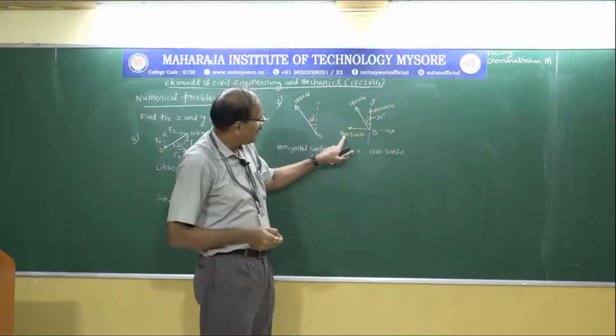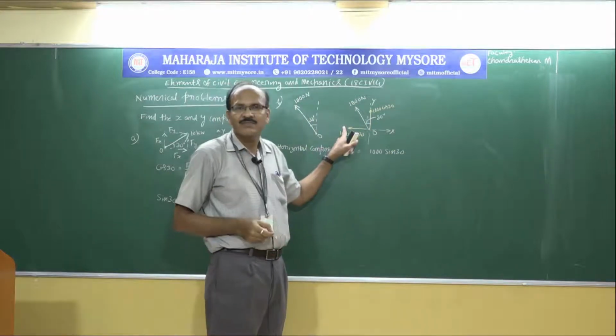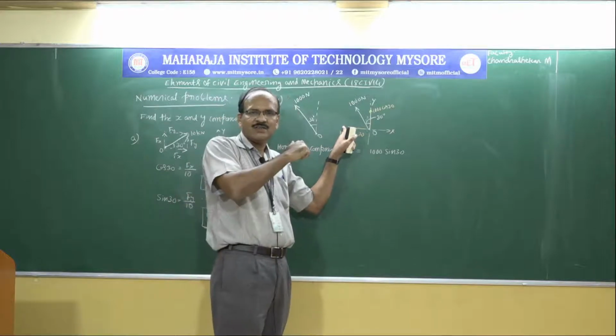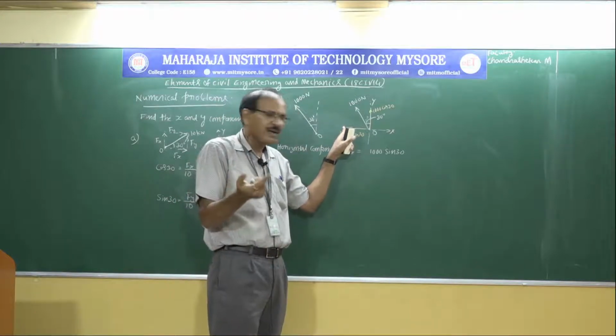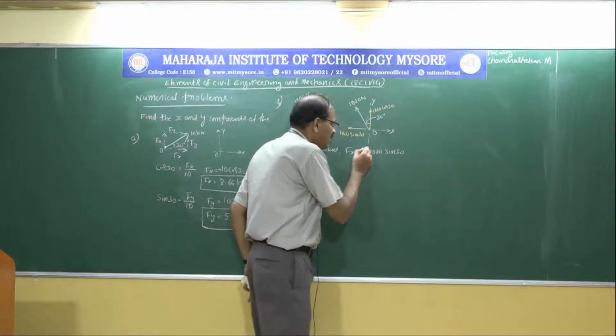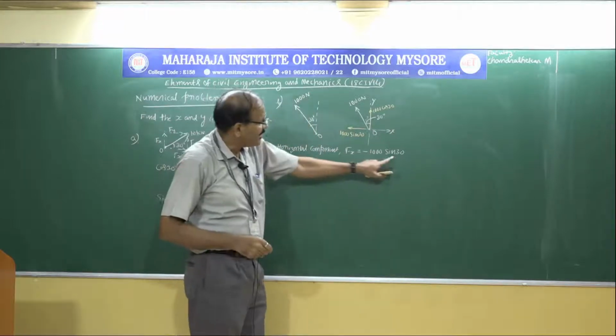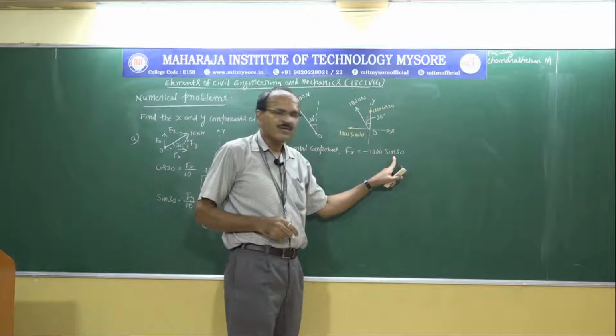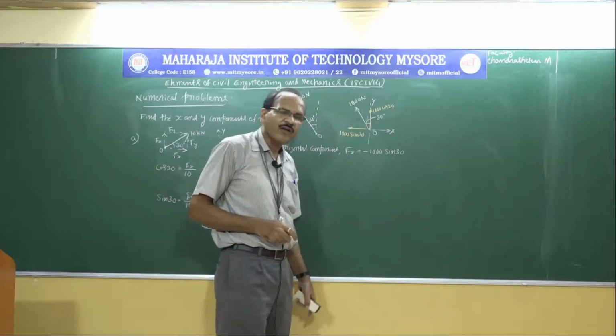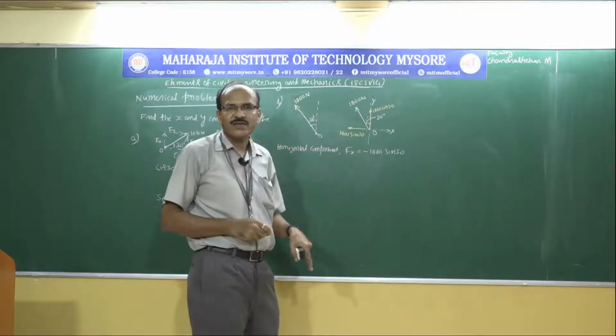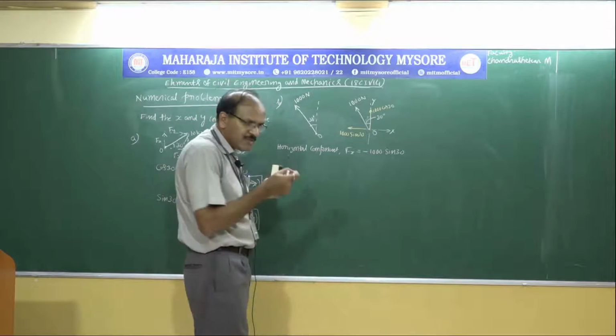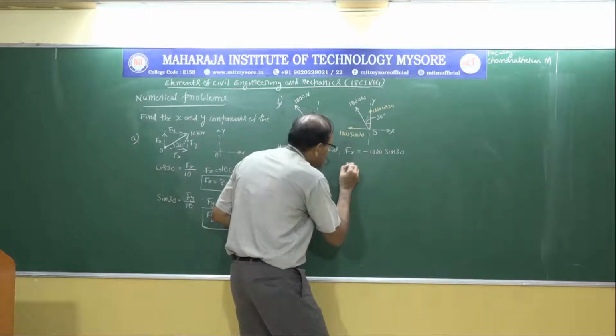What is the sign? How is the force acting? It is acting to the left. So according to our sign convention, it is minus. Okay, 100 sine 30. Sine 30 is half. So 100 sine 30 is 50 with minus sign.